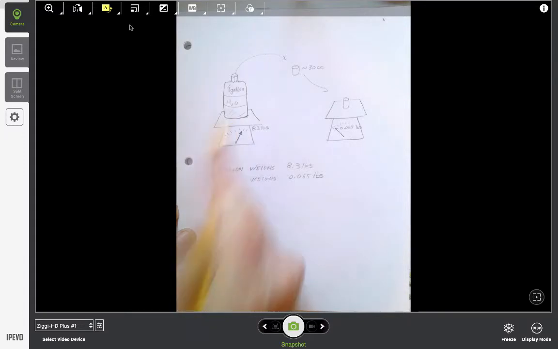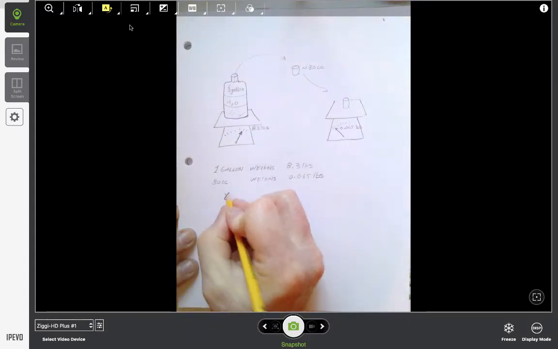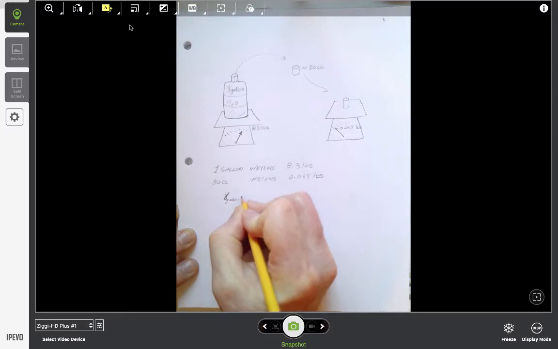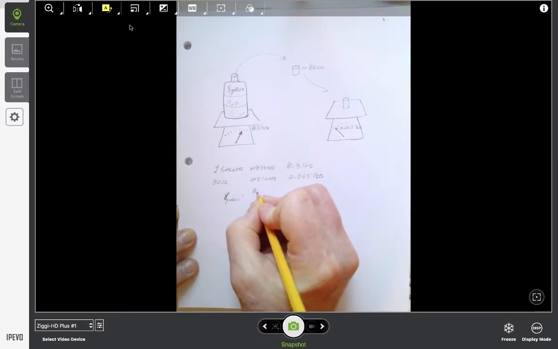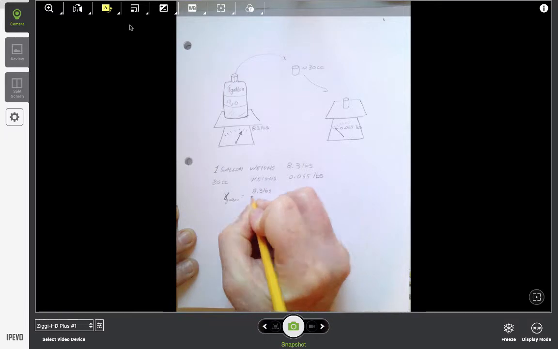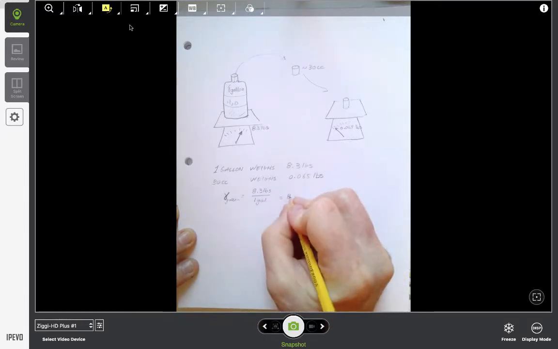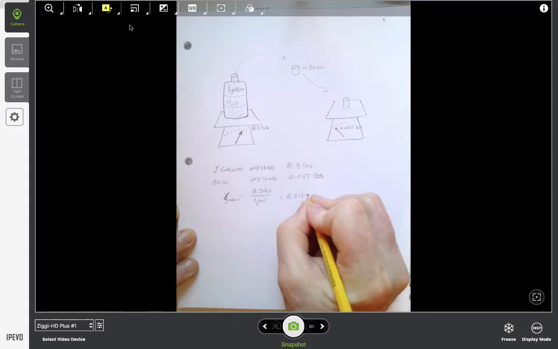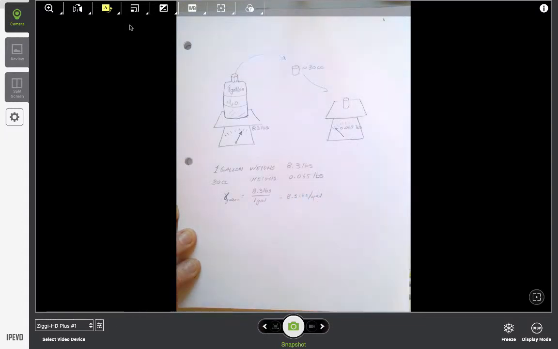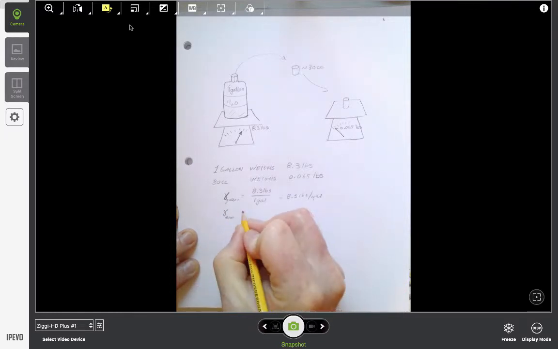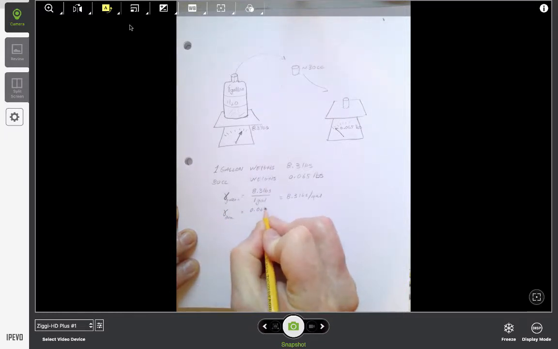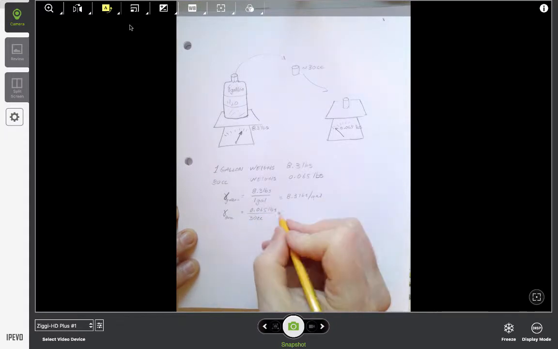If we were to write the specific weight of the water based on the gallon, it is 8.3 pounds per 1 gallon, and we'd write that as 8.3 pounds per gallon. If we write the specific weight based on the 30 cc's, we have 0.065 pounds per 30 cc's.